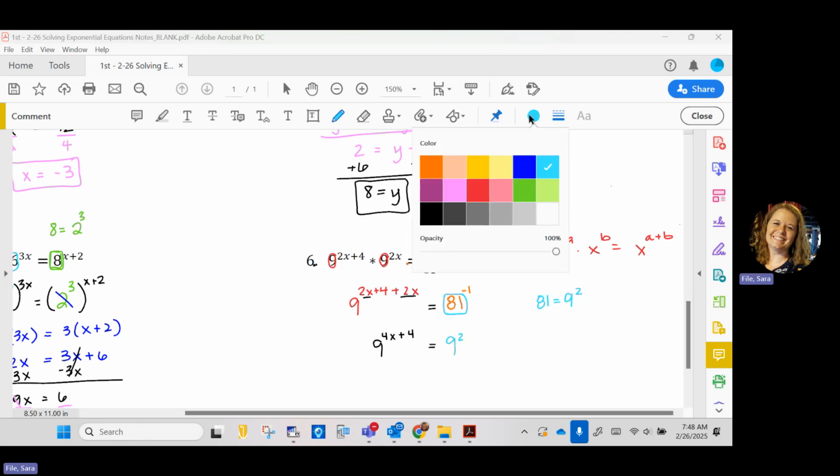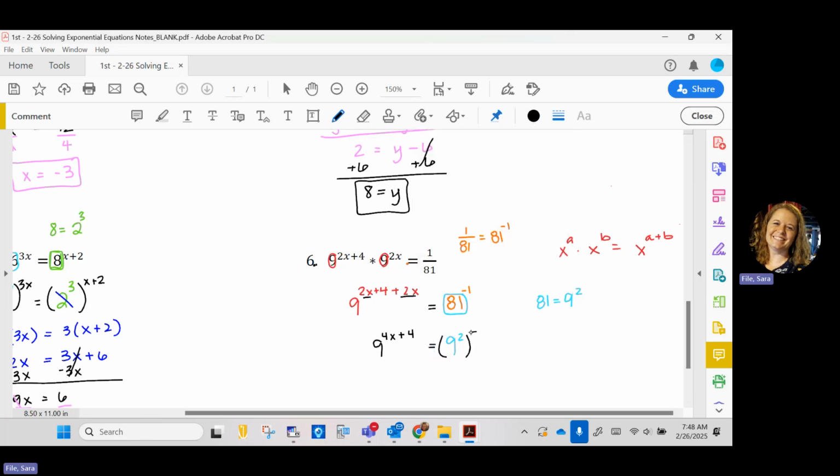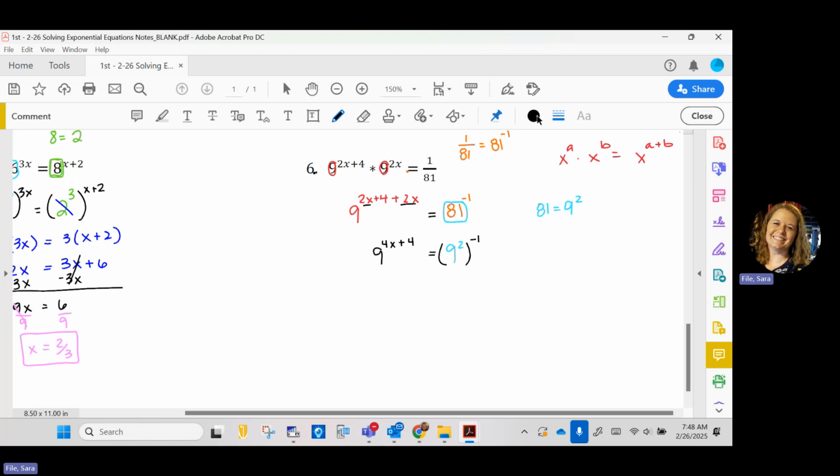Now that does not mean that negative 1 power goes away. I'm going to have to do 2 times negative 1. So it's going to be to the negative 2 power. Now I've got matching bases. So now that I have my matching bases, I can drop them and just say, okay, 4x plus 4 must equal, and then we're multiplying these, so that's negative 2.